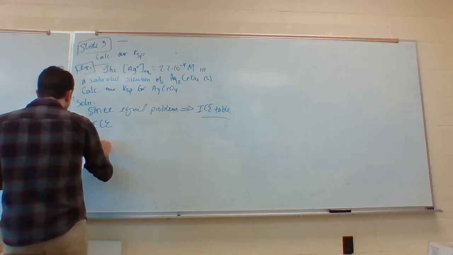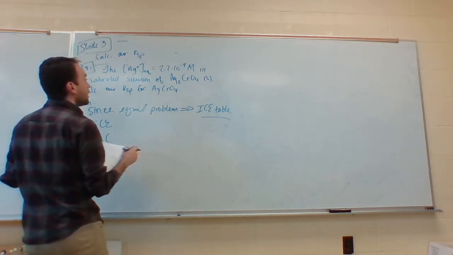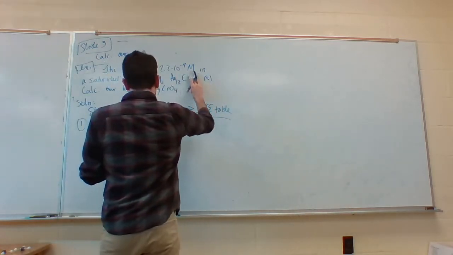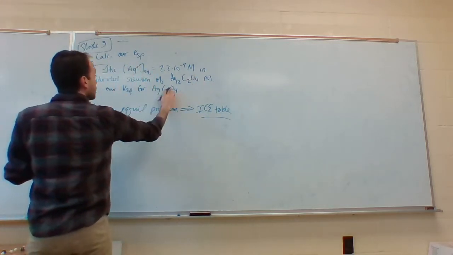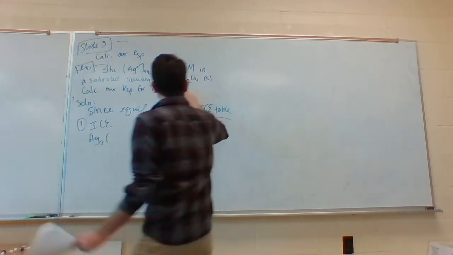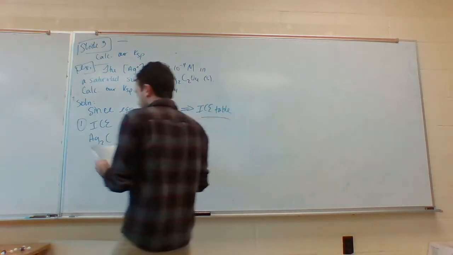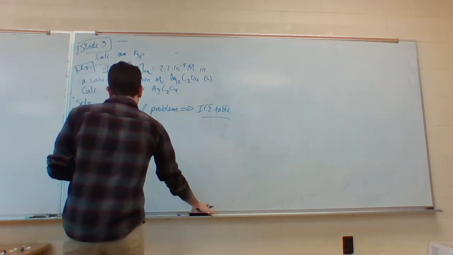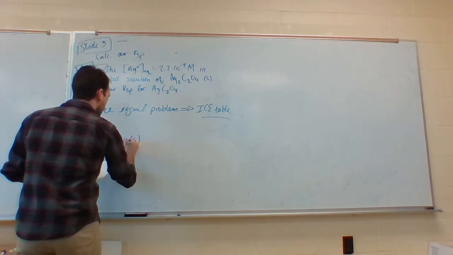So we have Ag2, oh, I'm sorry, not chromate. Actually, I want it to be C2O4. So silver oxalate, is that right? I think that's right. Ag2C2O4, and that's a solid.